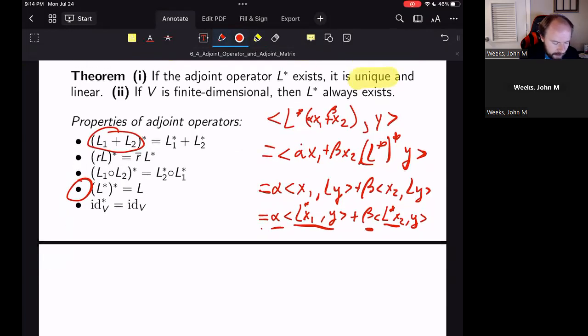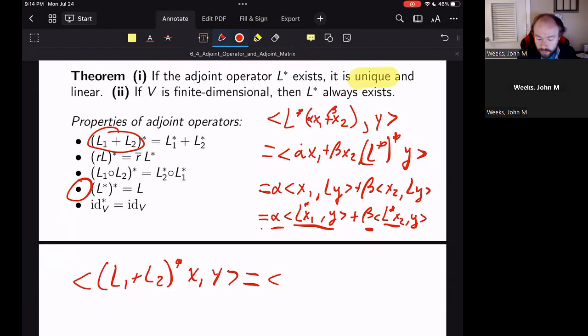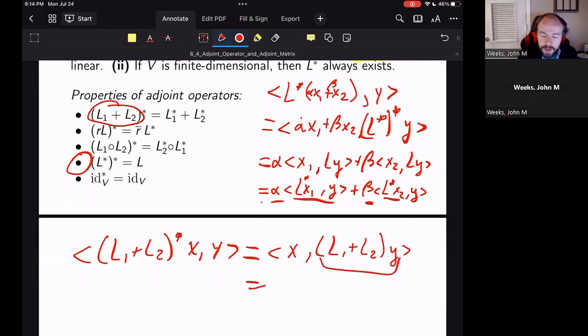For example, if I wanted to take a look at L1 plus L2 star of x comma y, then I definitely could move the star over thanks to what we saw from before, and just take a look at x comma L1 plus L2 of y. And I can break this apart as long as I'm careful with scalars, because scalars would come out as conjugates if this were a complex vector field, or as non-conjugates in a real vector field.